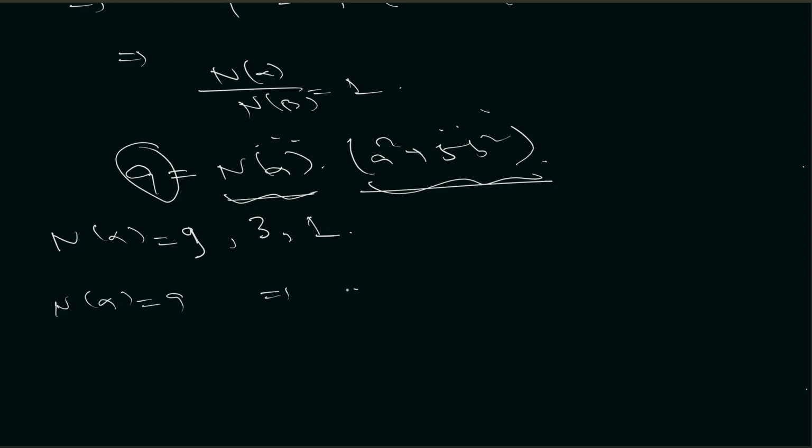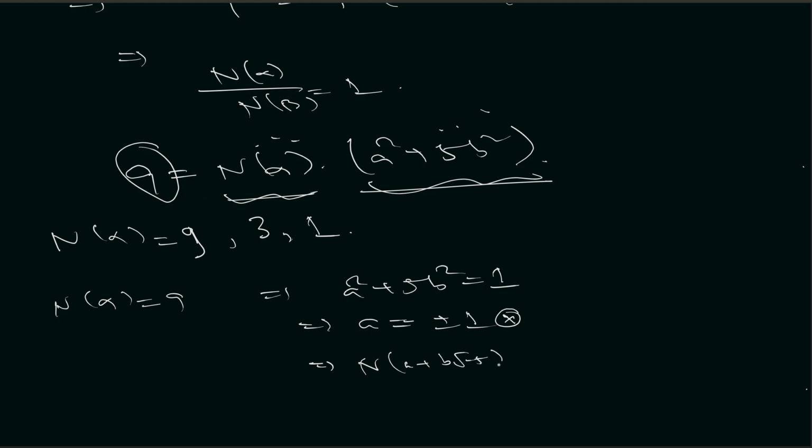This means that a square plus 5b square equals 1. This means that a equals plus or minus 1. There is no other solution except plus or minus 1. This means that norm of a plus b square root of minus 5 equals 1.